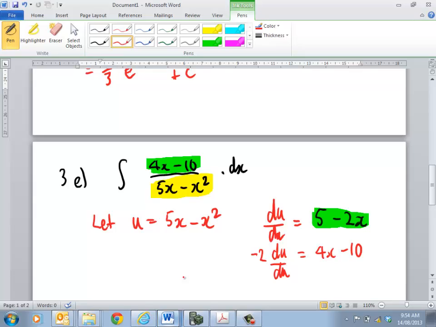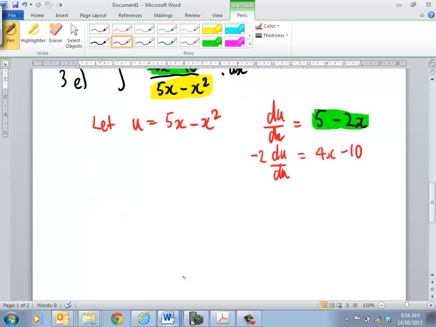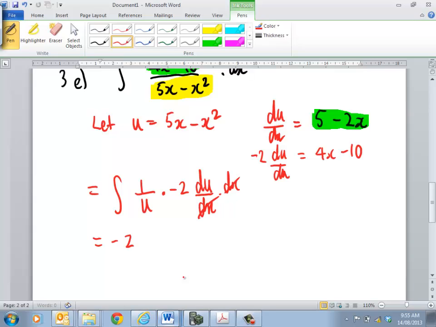Alright? So I can now write this, that's equal to the integral of 1 over u times by -2 du dx. So get rid of that. Now I can bring the 2 out the front because that's just a constant value. Right, so -2 1 over u du, isn't it?